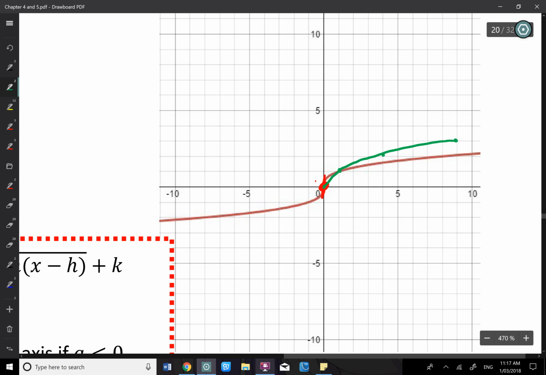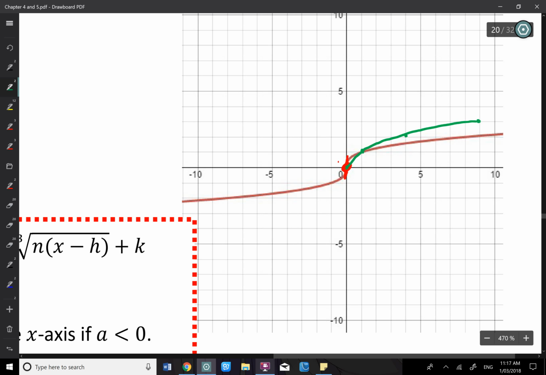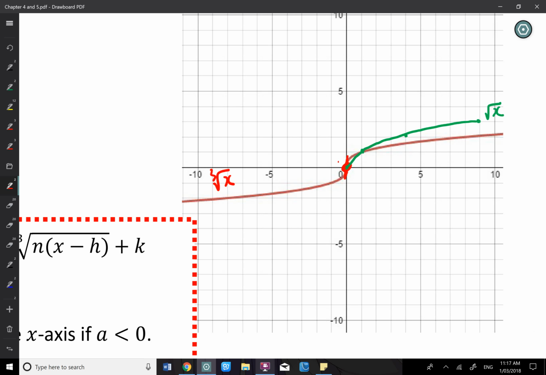If I can show you the square root graph, that will be the square root x, and the red one will be the cube root x. The shape is pretty much the same in the first quadrant, but in the third quadrant, we have a graph for cube root as well, because the domain is not restricted for cube root.